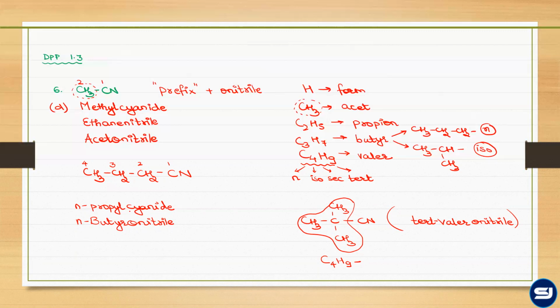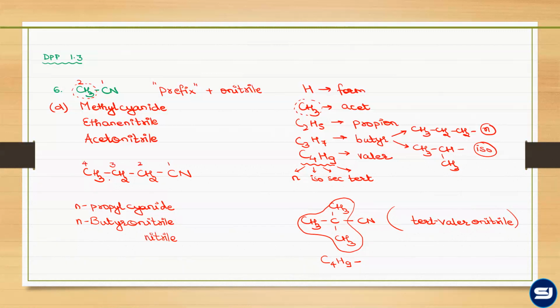See, writing cyanide versus nitrile has a very important effect over here. When you write cyanide, you are including the carbon in the cyanide name. That's why the alkyl group, if written, is with respect to the remaining 3 carbons. But when you are writing nitrile, it does not contain the carbon in the name nitrile.